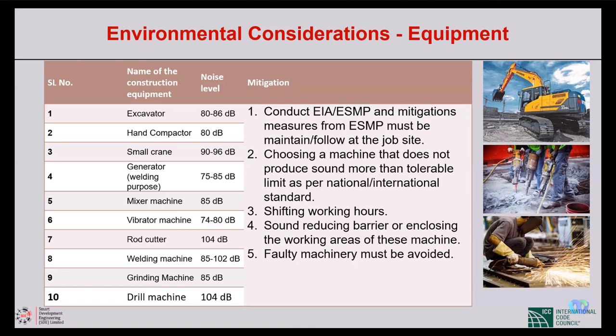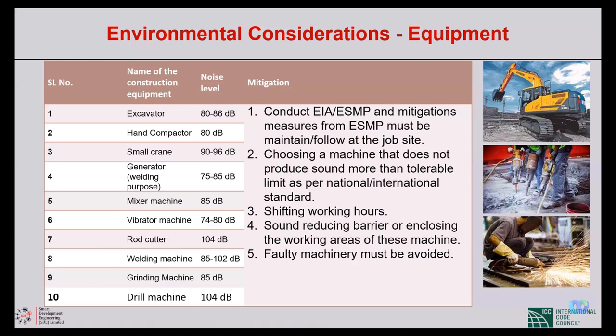Another way we can do that is shifting the working hours, like when people go to work, they are not at home. We can shift the work to that time, and reduce the work when they come back home. So that's one way to do it.